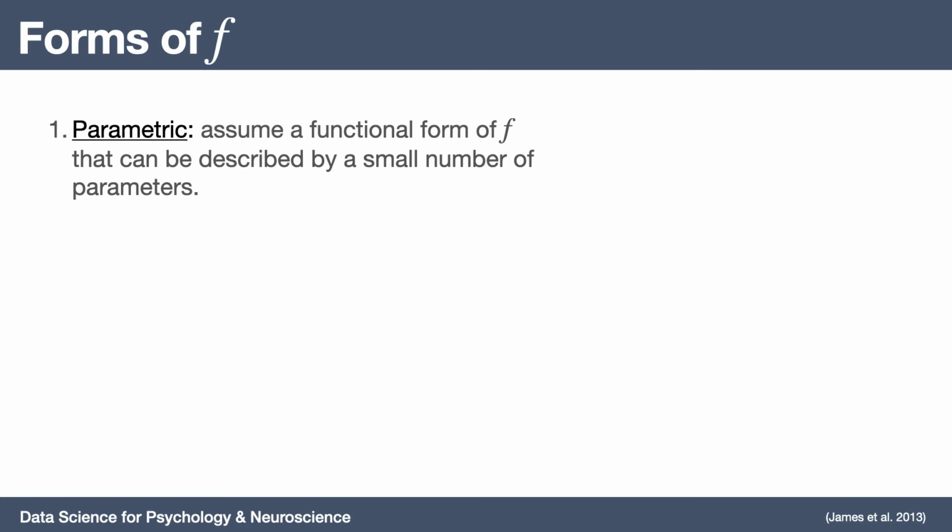So for example, ordinary least squares regression assumes this functional form of your residuals. It assumes that y is normally distributed, which means that the error is normally distributed, which means that it follows this particular form of a Gaussian distribution.